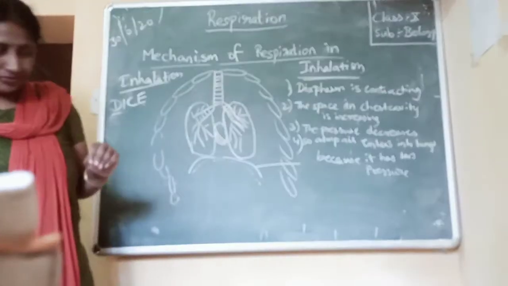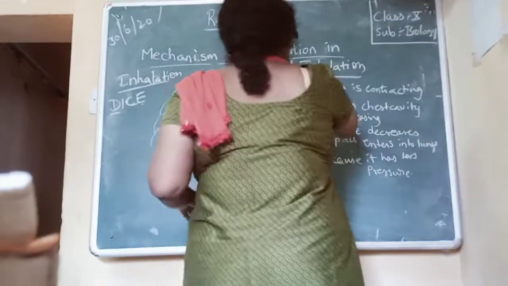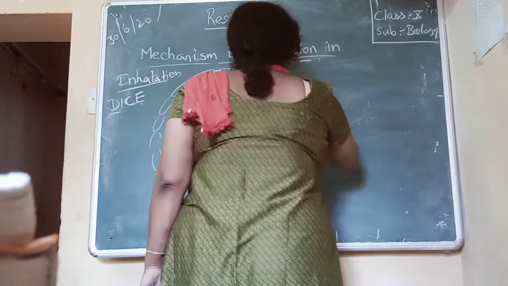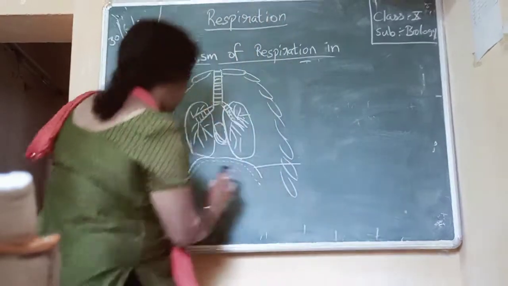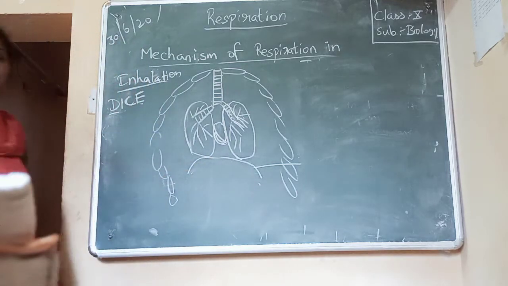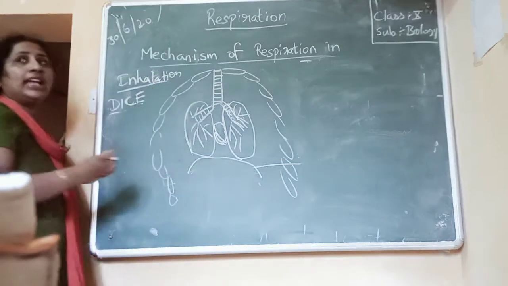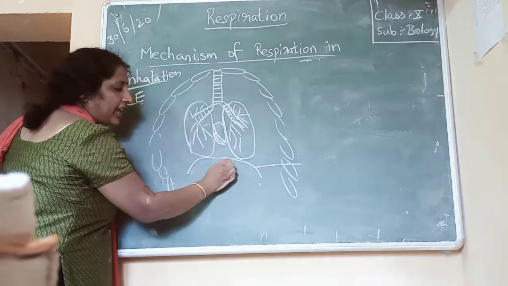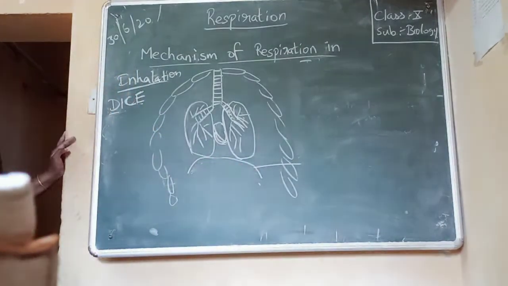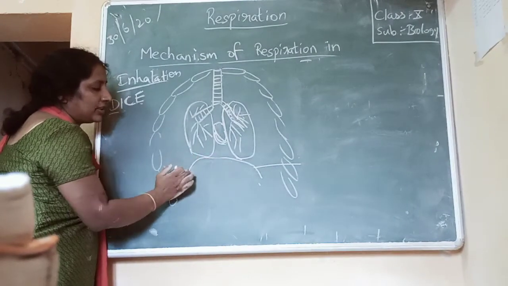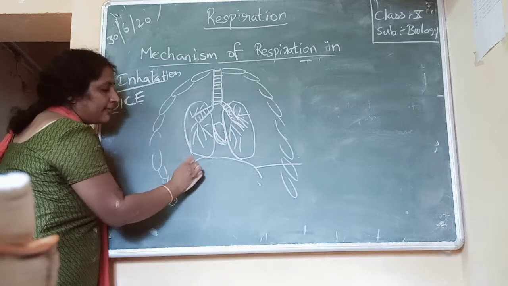And what happens during exhalation? What happens during exhalation is this diaphragm relaxes. It was in the contracted stage during inhalation. Then it relaxes and goes to its normal place.